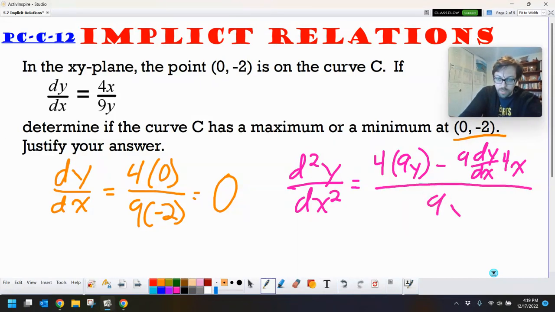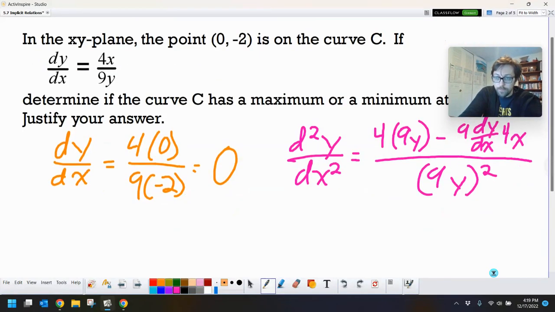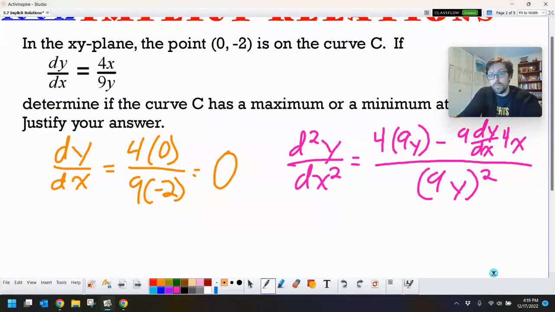So that's (9y) squared. Okay, so now we want to see what the value of our second derivative is at that point. I'm going to cheat a little bit. I could plug in this dy dx, but we're checking what's going on with dy dx at the point where it's 0. So why don't we just use this 0 there? So we know that that whole second term in the numerator has got to be 0.